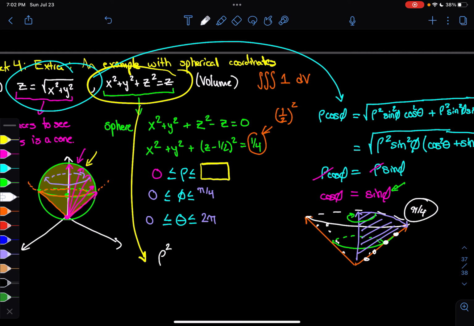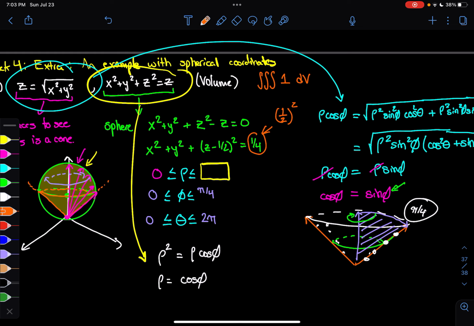That was something I covered in the last video, because it's basically a sphere of radius rho. Kind of like a circle would be x squared plus y squared equals r squared, a sphere would be x squared plus y squared plus z squared equals rho squared. And then on the right side, we have, of course, z equal to rho cosine of phi. We can cancel out a rho and we get rho is equal to cosine of phi.